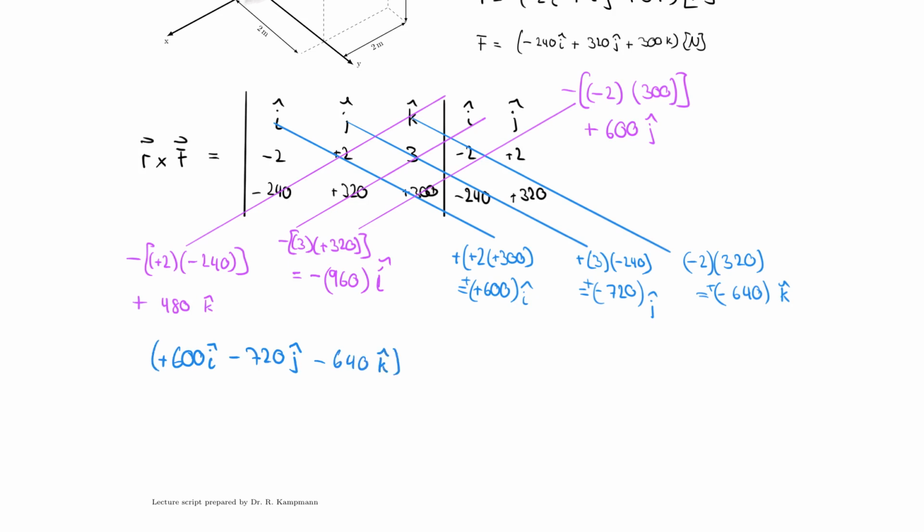Now I need to be a little bit more careful, because now my signs are all over the place, or my IJK. So I have a negative 960 I hat. I have a plus 600 J hat, and I have a plus 480 K hat.